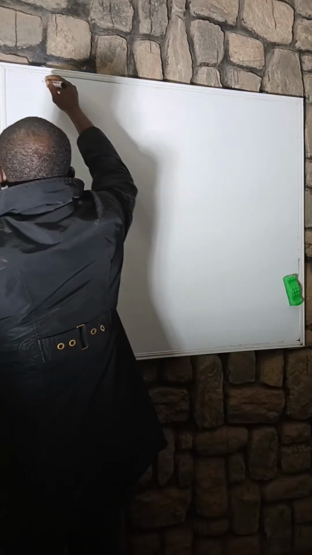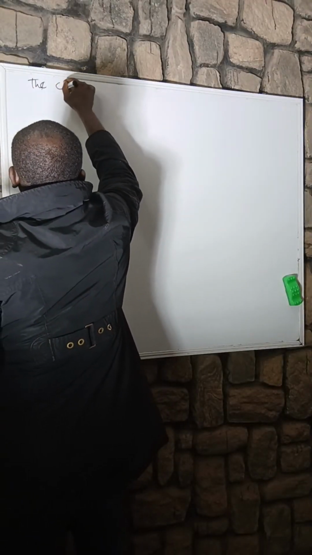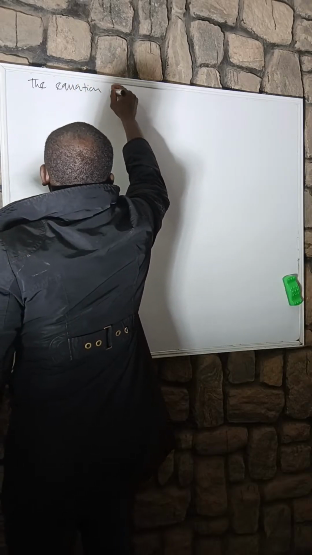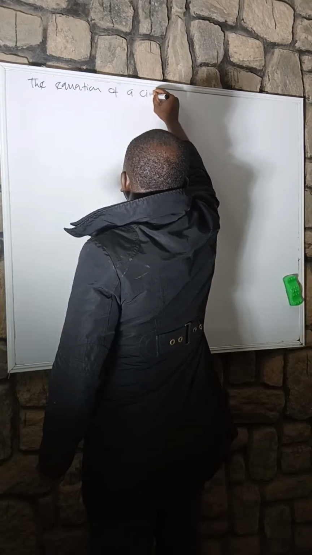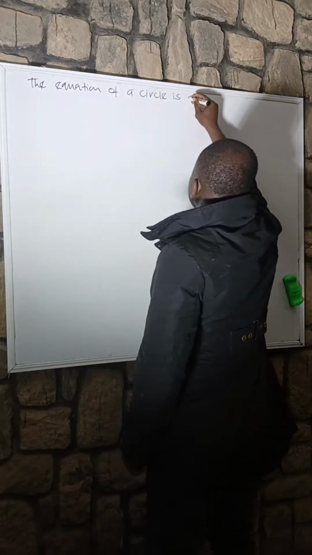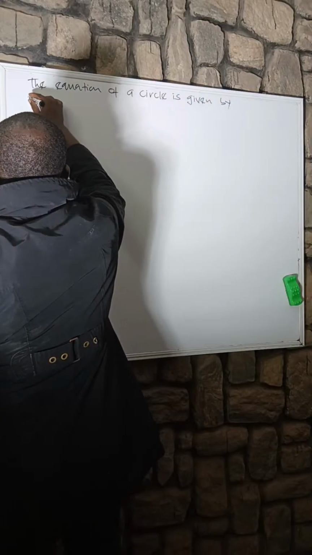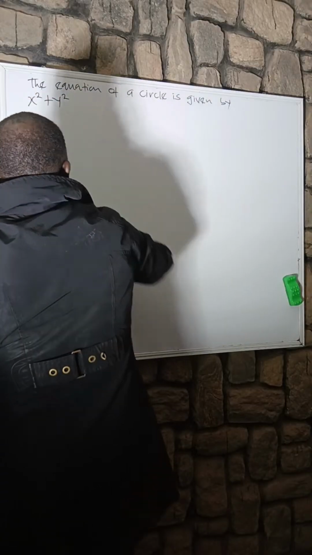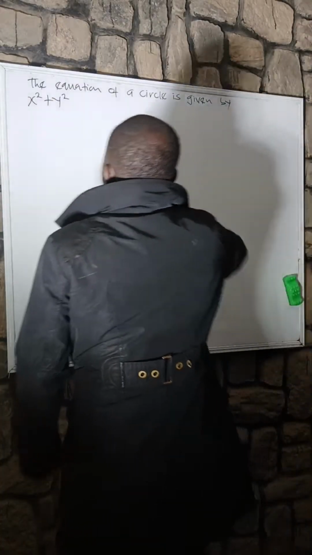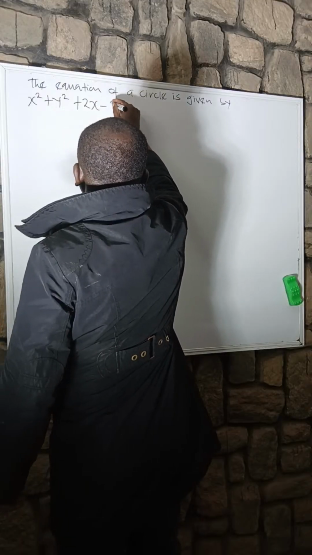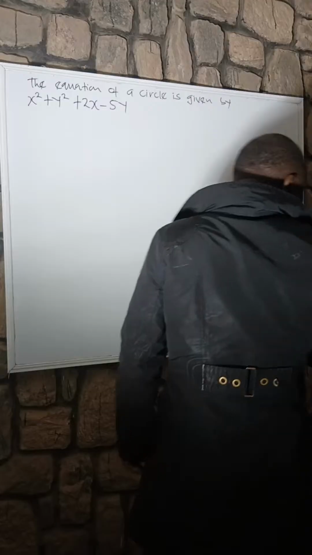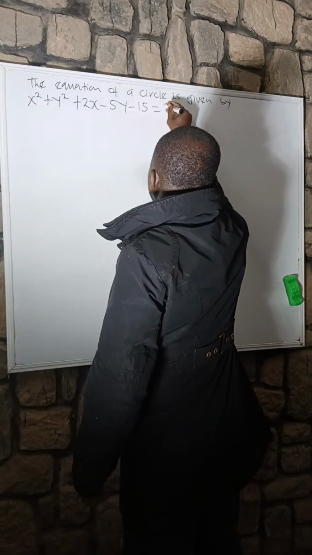One of the questions says the equation of a circle is given by x squared plus y squared plus 2x minus 5y minus 15 equals 0.